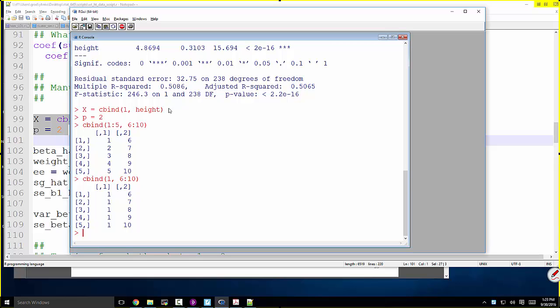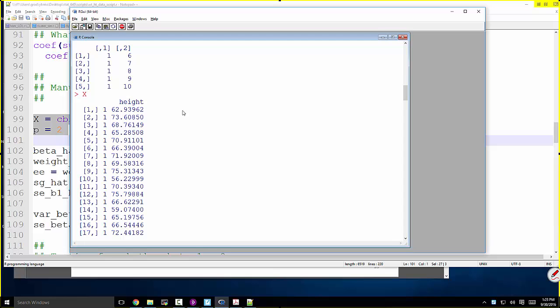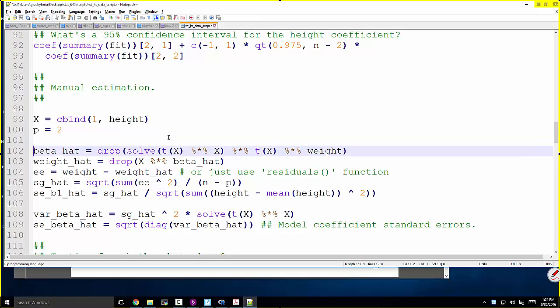So when I did this, it gave me what we want, a matrix with 1s in the first column and the x's in the second. Design matrix. So then, using that, we can compute beta hat.